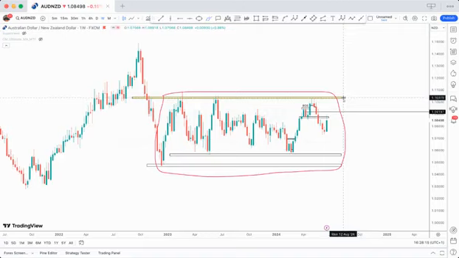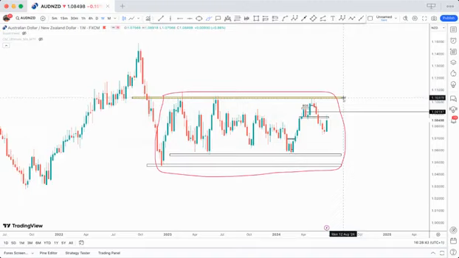Those kinds of markets are considered chopping markets. Well, in my experience, a chopping market can actually cause some traders to lose a lot of money, right? Because when you don't have a clear direction, the market can actually put you on the wrong side.